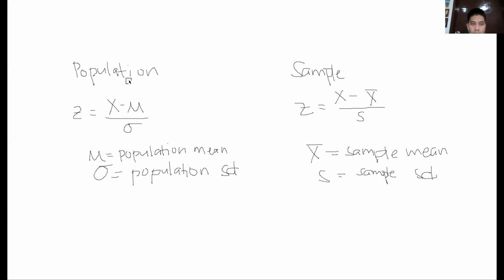In terms of population data, mu is our population mean and sigma is our population standard deviation. While if sample data is given, we use the other formula, wherein x bar is our sample mean and s is our sample standard deviation.